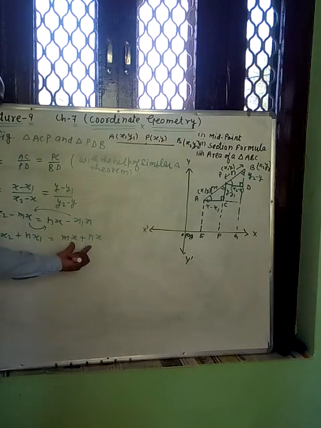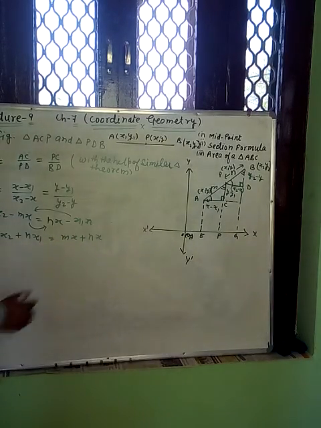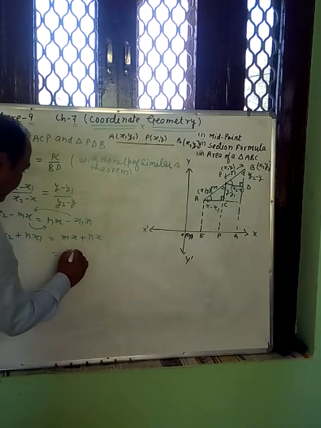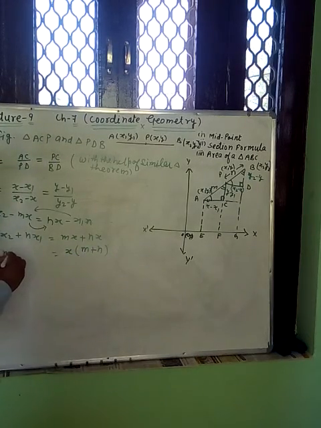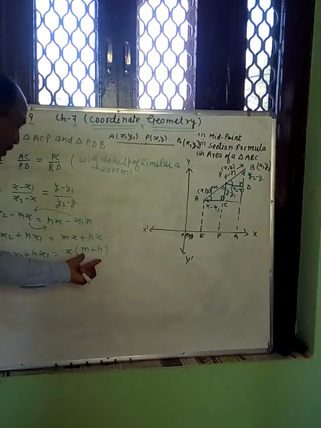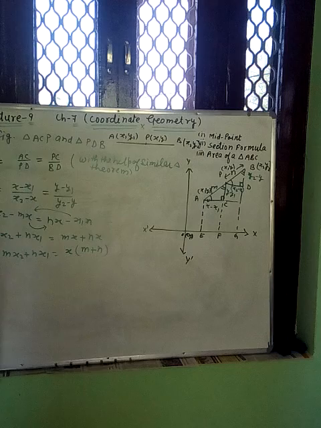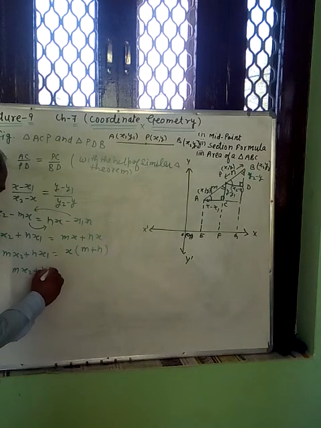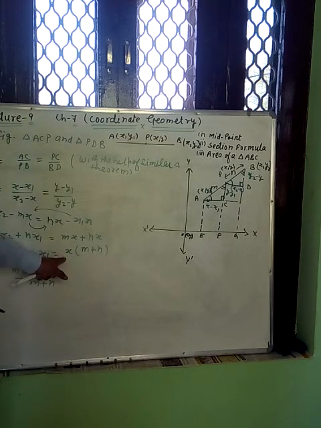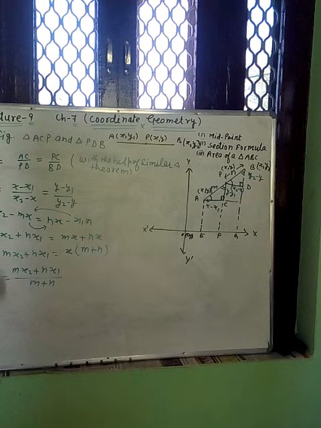Now x is common, so x times m plus n. Dividing the left hand side by m plus n, x is equal to m x2 plus n x1 upon m plus n. This is the value of x.